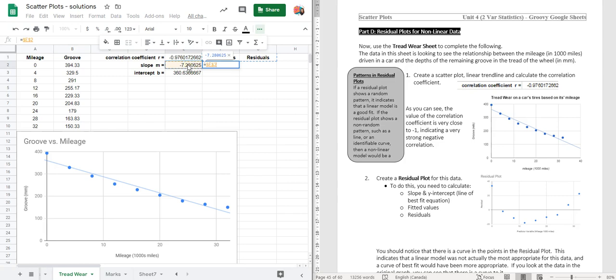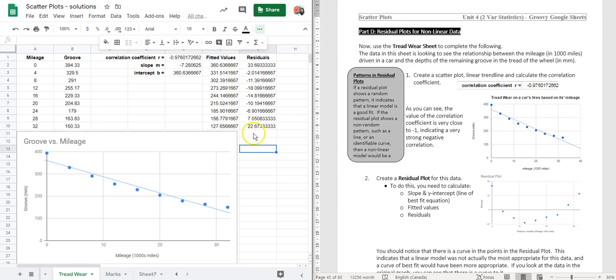Make sure you make it an absolute reference, times the x value, which is 0, plus the intercept, and make it an absolute reference, and press enter, and you can fill this down. That gives you all your fitted values. Your residuals is equal to your actual y, subtract your predicted y. And those are your residuals there.